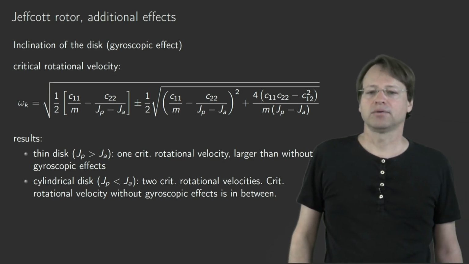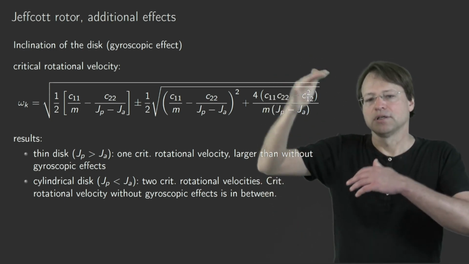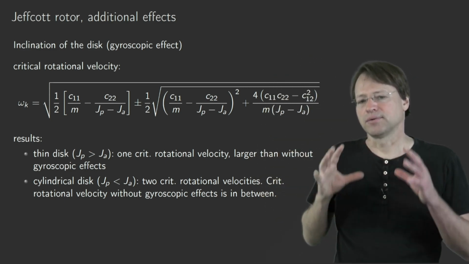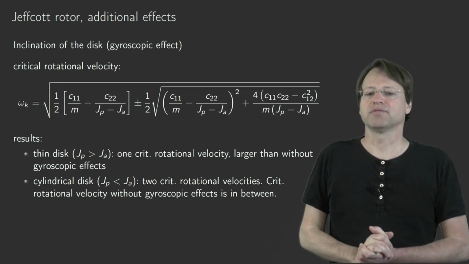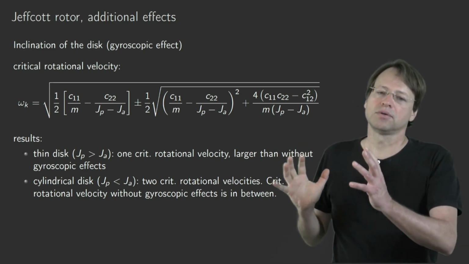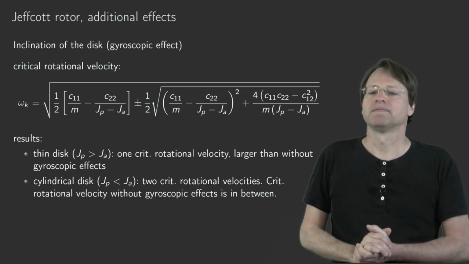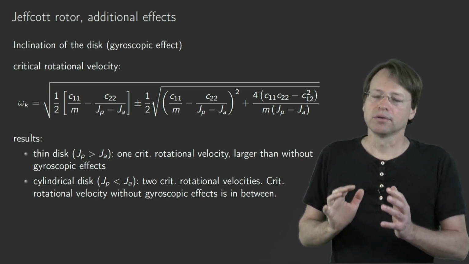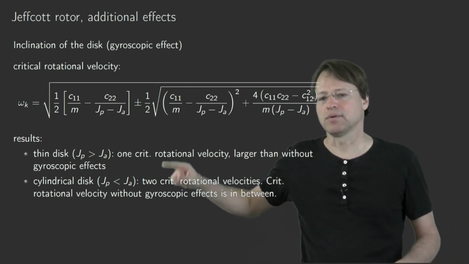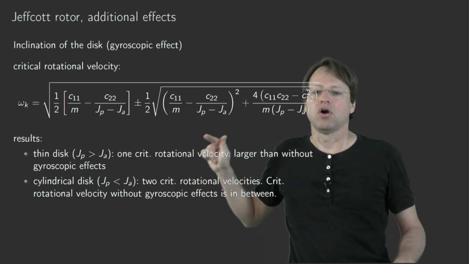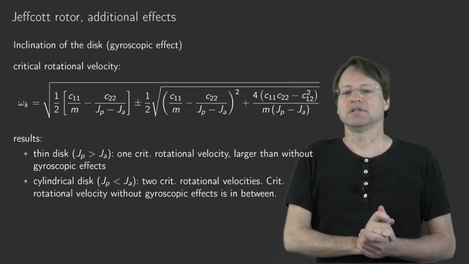One critical rotational velocity is larger, the other one is lower than the critical velocity you would obtain without any gyroscopic effects. So with this you can estimate the influence of the gyroscopic effects of a slanted, of an inclined disk, whether you are in the case of a thin disk or you are in the case of a cylindrical disk, on the critical velocities.